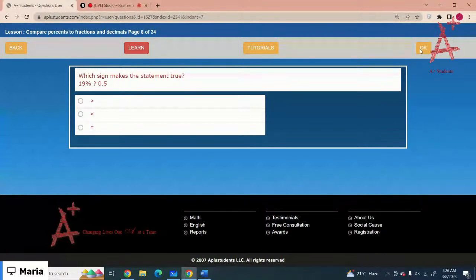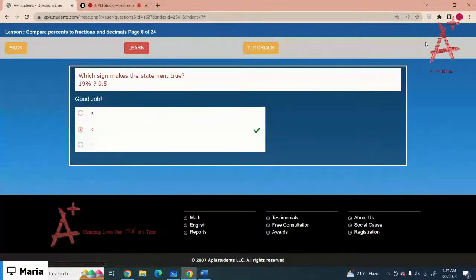So which is the correct option? 19% is less than 0.5. When you convert 0.5 to percentage, it would be 50. Got it?